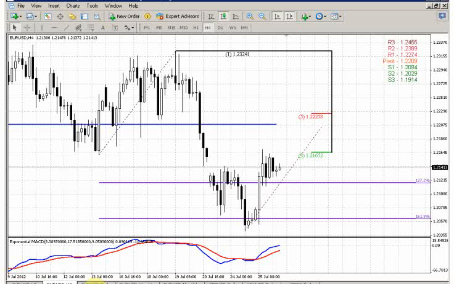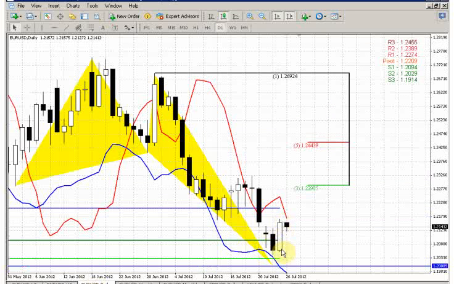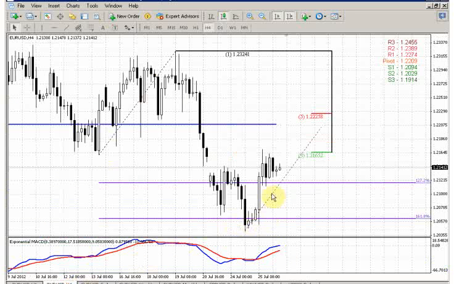Also on the daily time frame, as you can see, we have a nice bullish engulfing pattern support. That was also a daily level of reversal. So I suppose that today the market could continue its move to the upside.